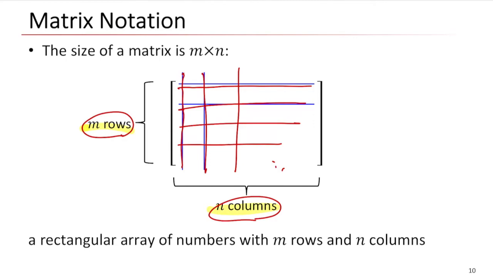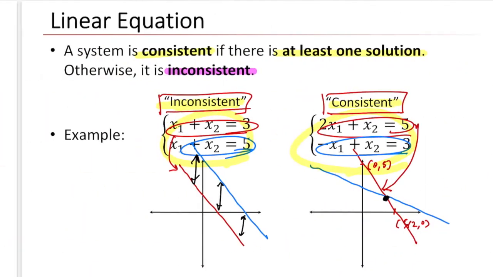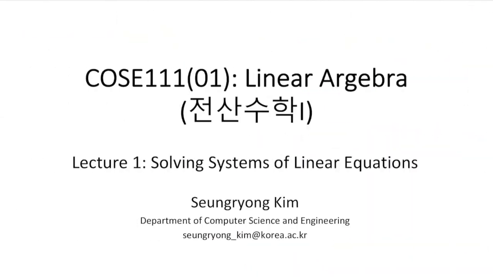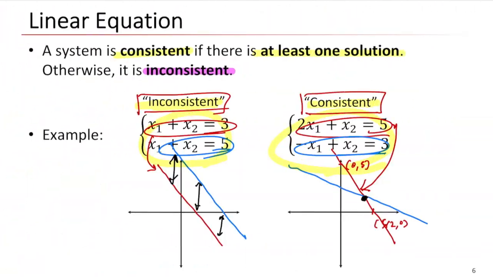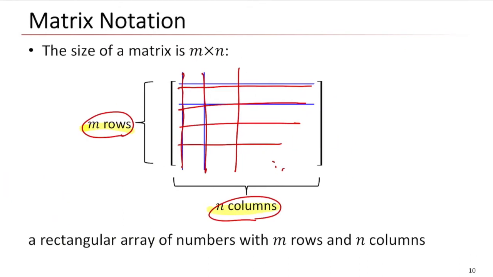Okay, let me show another example. Yeah, there is no example here. Yeah, I can draw that. So there is a matrix like 1, 2, 3, 4, 6, 7, -1, 1, 1, something like that.